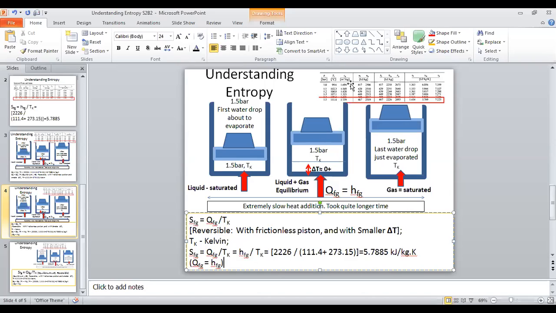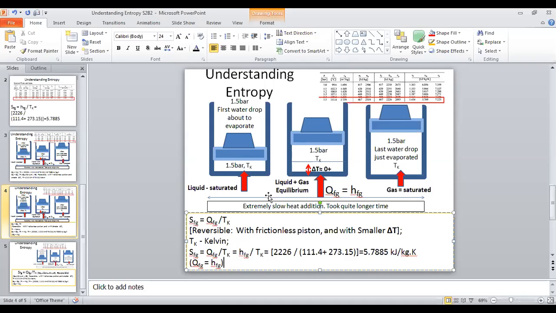Excuse me, sir, what is the meaning of QFG? QFG is the heat addition to this liquid. Finally, there will be vapor formation, and the liquid and vapor together are here.